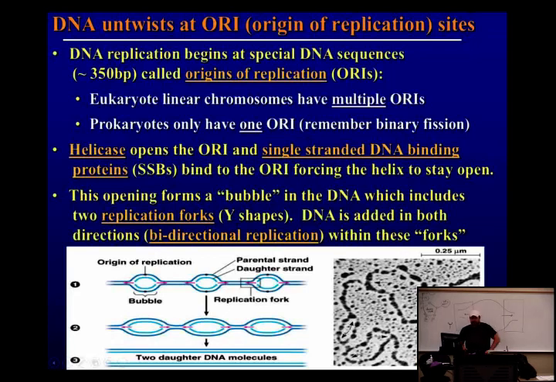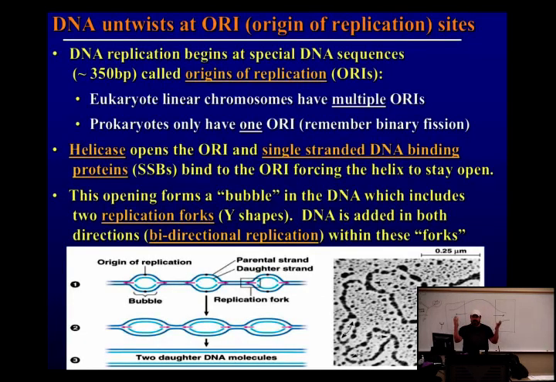So let's recap. What's the first thing that has to happen for DNA replication to occur inside the cell? Okay, what untwists it? DNA helicase. Where does it untwist it? Origins of replication. And what specific feature does the origin of replication have? It has A's and T's, right? So long stretches of A's and T's. All right, so helicase goes in, it untwists the helix.